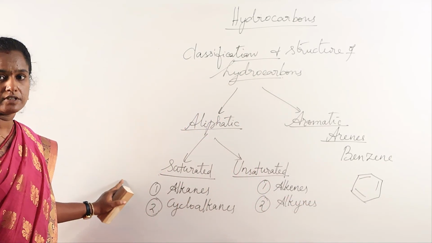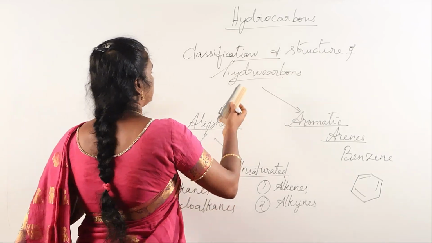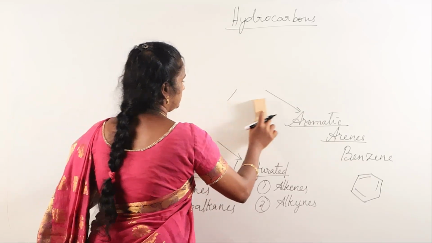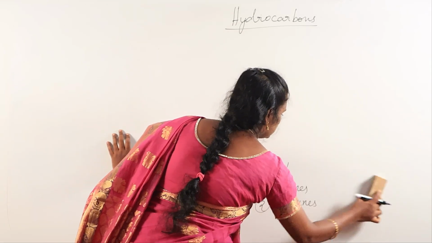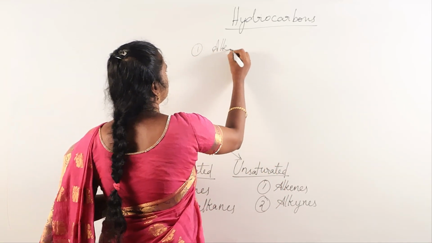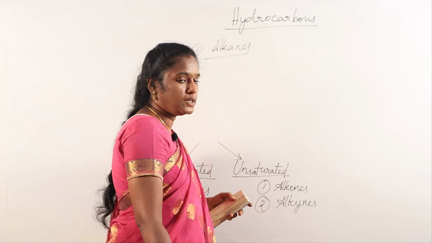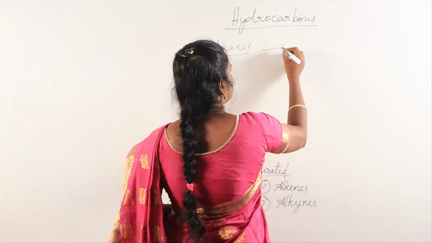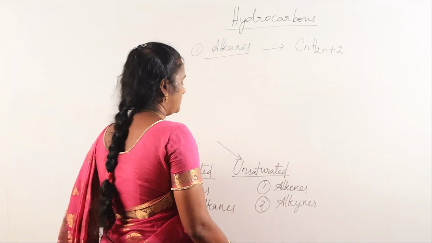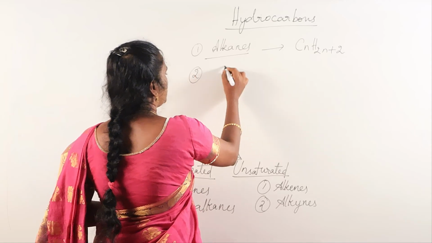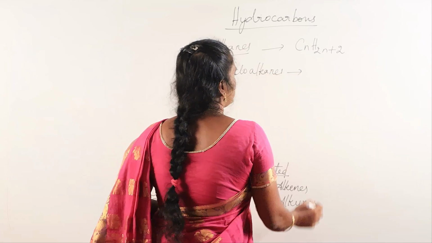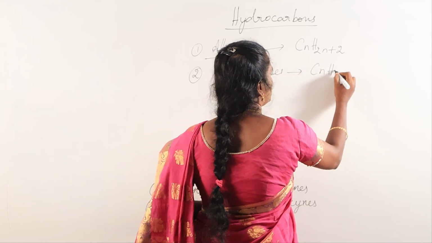First we will see alkanes. Alkanes, you know the general formula is CnH2n+2. And cycloalkanes have the formula CnH2n.